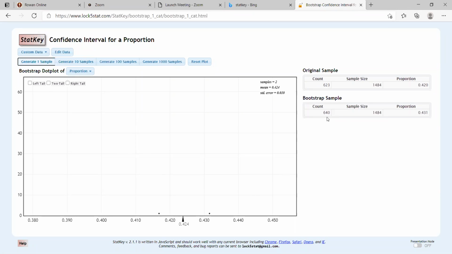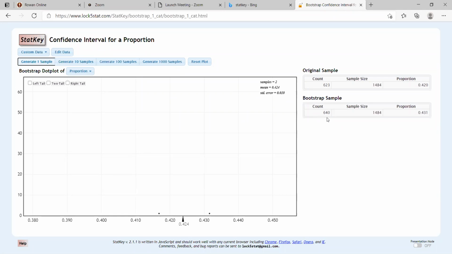Notice in this case, 640 out of 1484. It's more than the original sample, which means some of the yeses are being chosen more than once. So I hope you get the idea that this resampling process allows us to create additional samples, with new, different information in them.